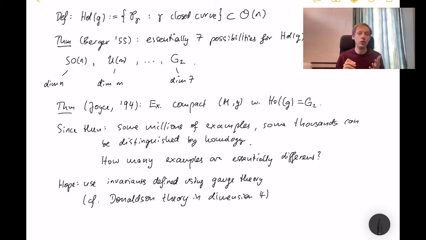So they have the same homology, but they will have different Donaldson invariants. Right, so that's the overall goal. In the end, we want to use some gauge theoretic objects to define invariants.